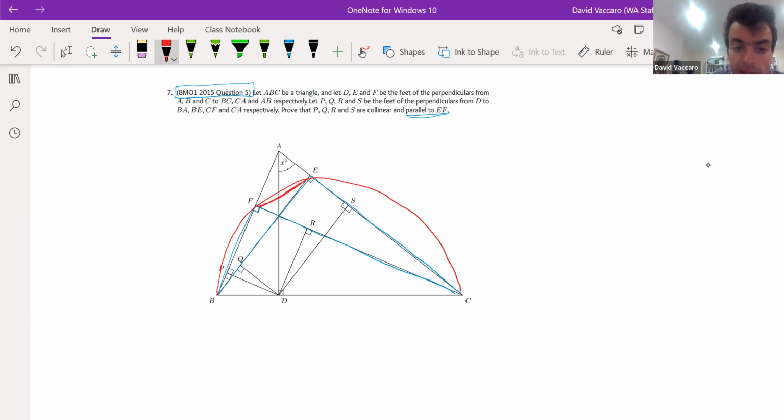So I'll try and write down a nice proof. Angle BFC equals angle BEC equals 90 degrees. So F and E lie on the semicircle with diameter BC.